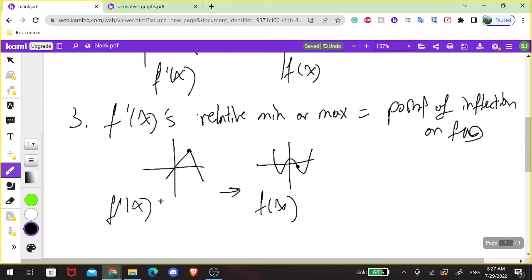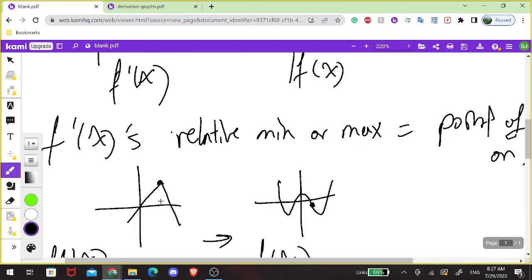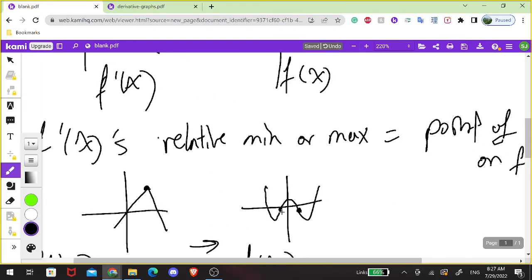Which makes sense over here because we have a relative maximum here. The slope is going from increasing to decreasing. So this is the relative maximum, and so we have a point of inflection here, and there's also another point of inflection here.